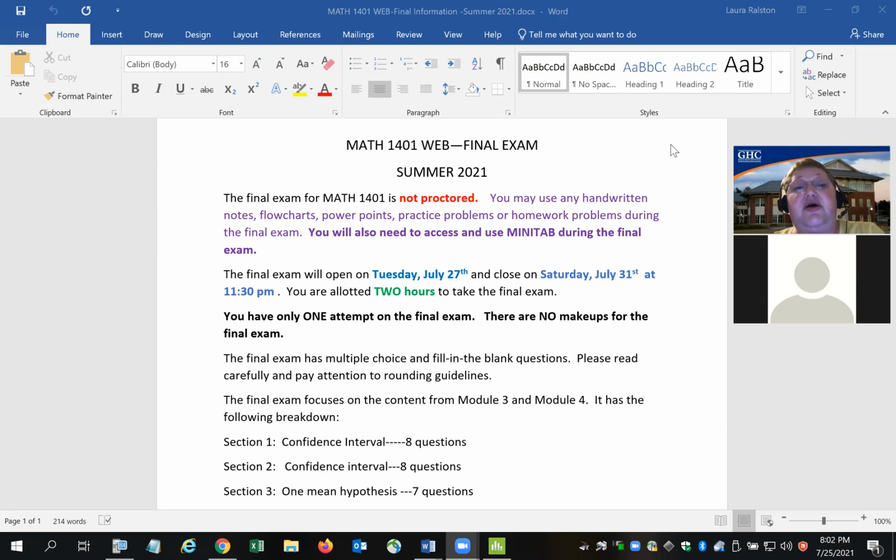You also will have to use Minitab during the final exam. I do not have the Minitab output results embedded in the questions for the final as they were for the midterm. So you'll have to actually type the data in and run Minitab for the final exam.